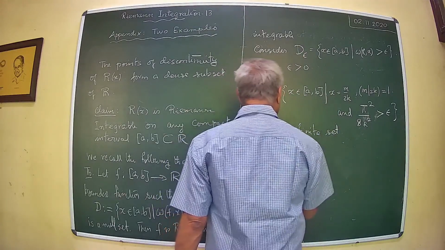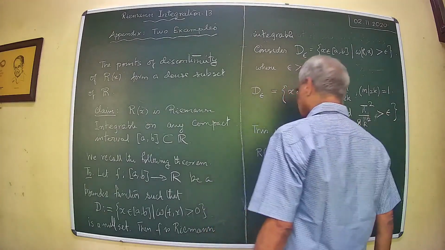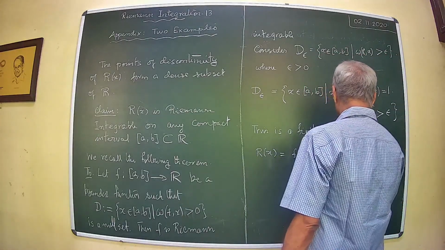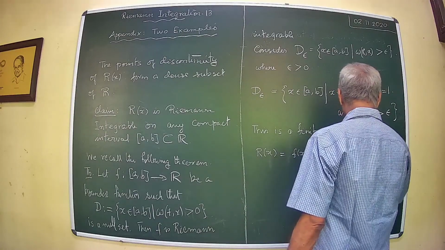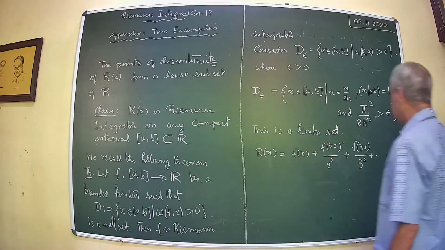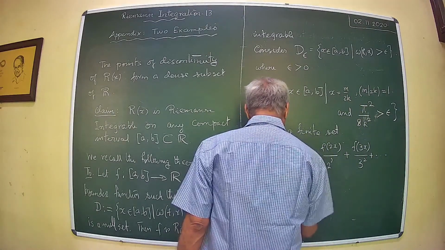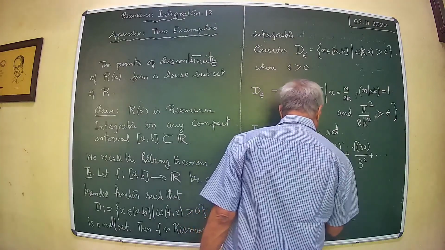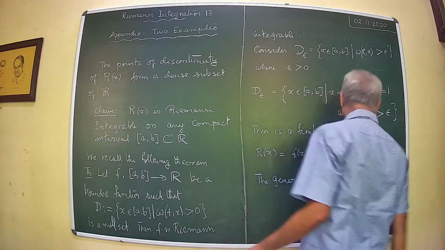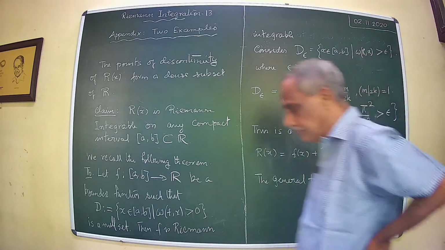Rx is going to be f x plus f 2x by 2 square plus f 3x by 3 square, etc. So the general term is f of nx by n square, and each one of them has infinitely many points of discontinuity.